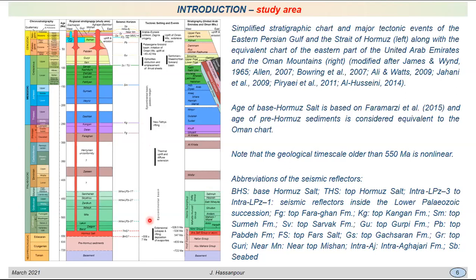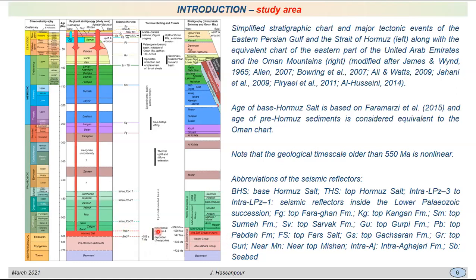Additionally, we have interpreted three other seismic horizons inside the lower Paleozoic interval. We haven't got any age constraint for these reflectors, and the two deepest ones correspond to the top and base of the Hormuz Salt, which I will show you how we have defined in the next slides.